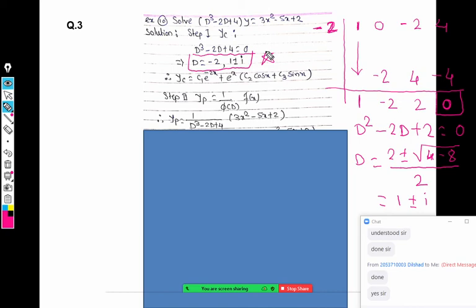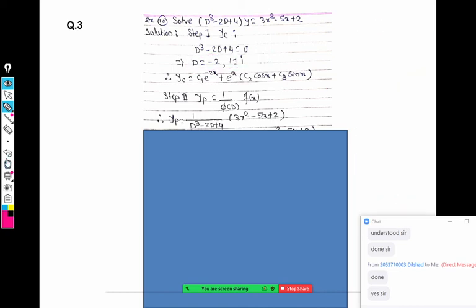Once you get these roots, step 2, we have YP. Getting YP is like 1 upon phi d of fx. Tell me, what should be taken common here? What should be common from phi d? 4, sir. 4 is the correct answer, because it is the lowest degree.